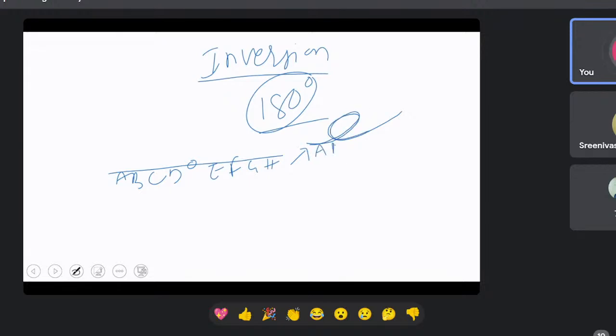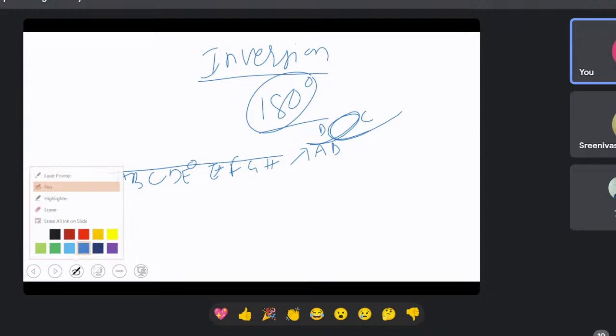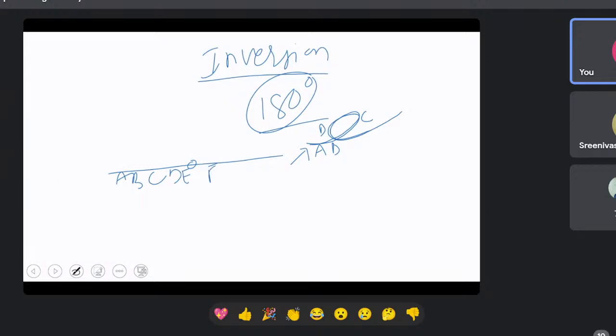So A, B, C, D, I'm adding E here, F, G, H, I, J. Okay. C, D, E, centromere, F, G, H, I, J.